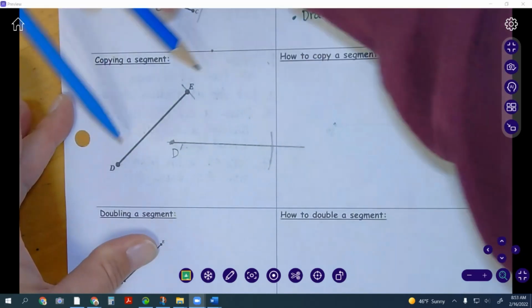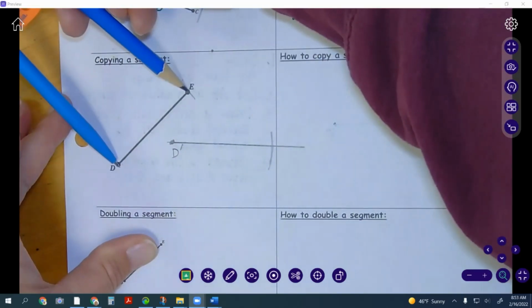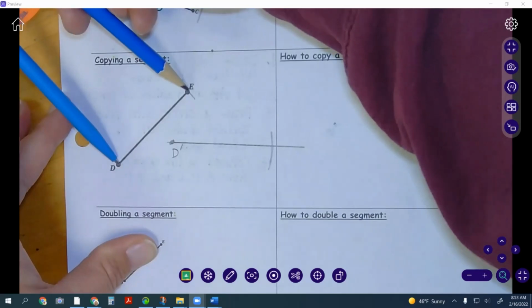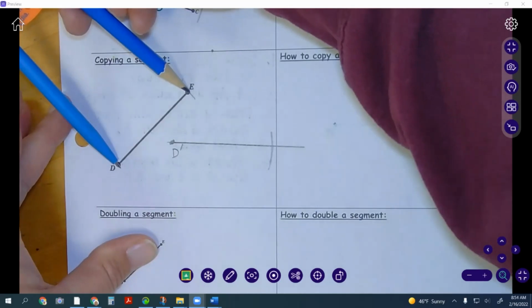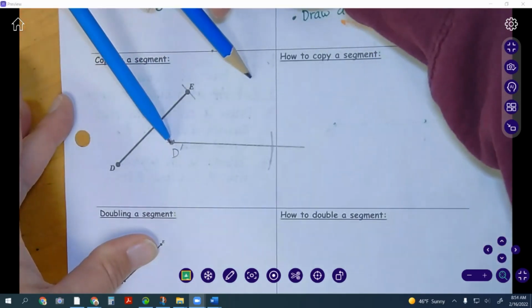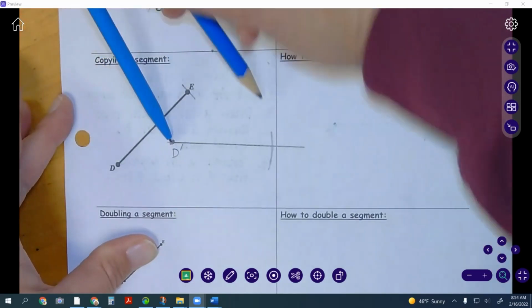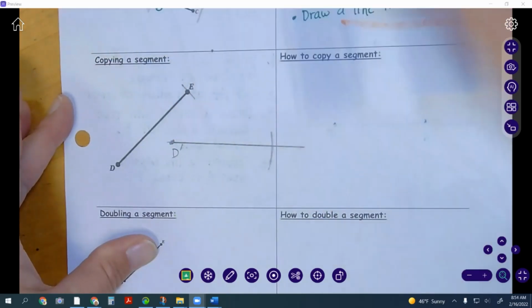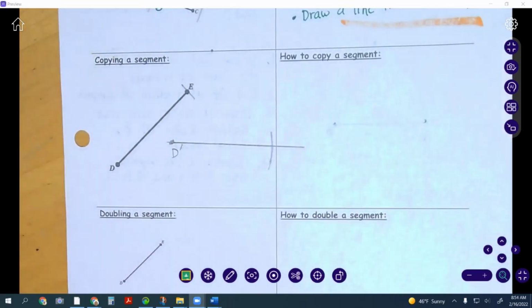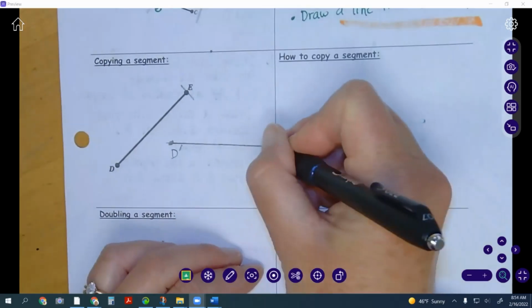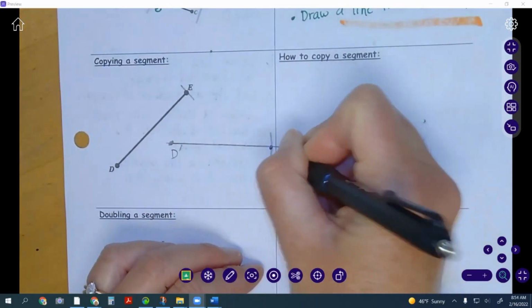So again, I got a radius of DE on my compass. I personally measured from D to E because I'm going to draw it from D prime. And I made an arc. And where that arc touches, that's going to be my E prime.